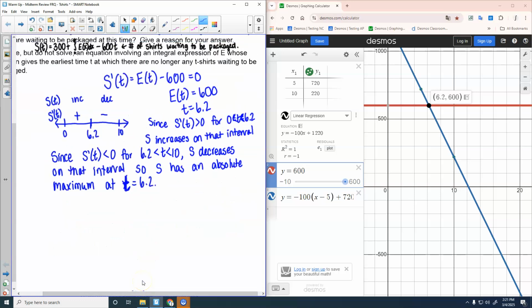So we're going to do S of 6.2, which is going to be 300 plus the integral from 0 to 6.2 of E of x dx minus 600 times 6.2. And especially since I'm sure you're getting close to being out of room on your warm-up part, don't worry, it's like one line.